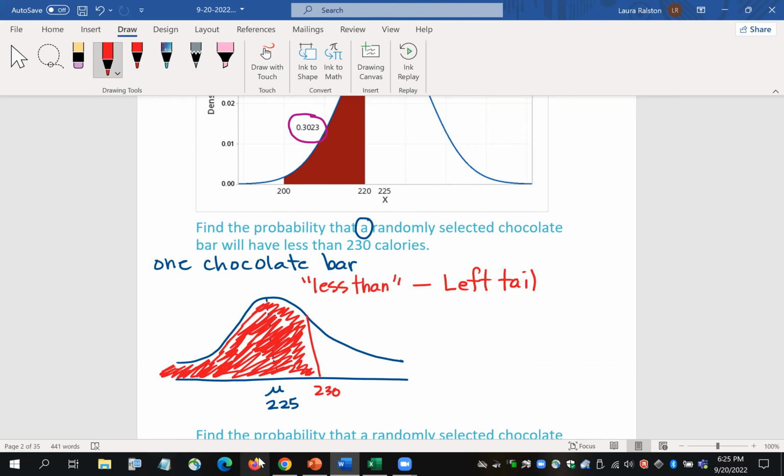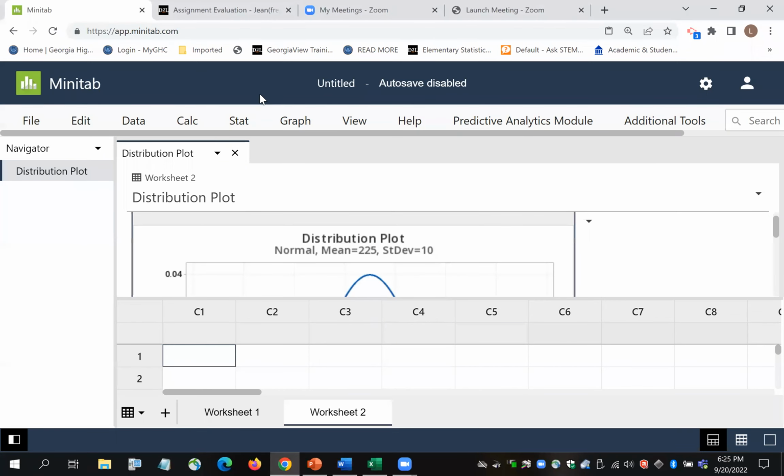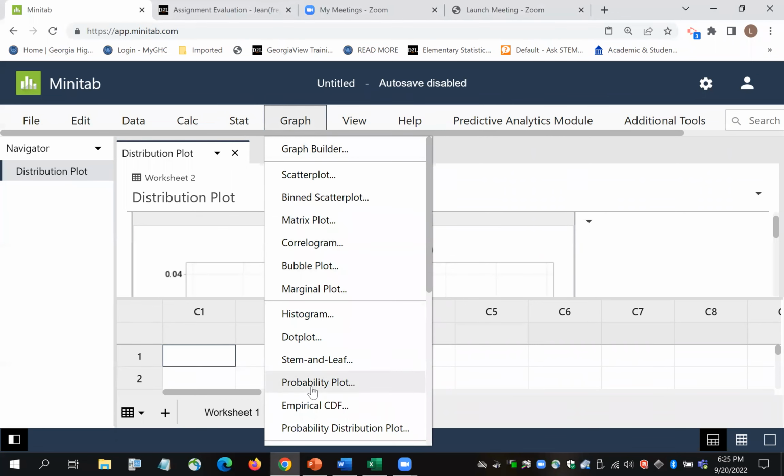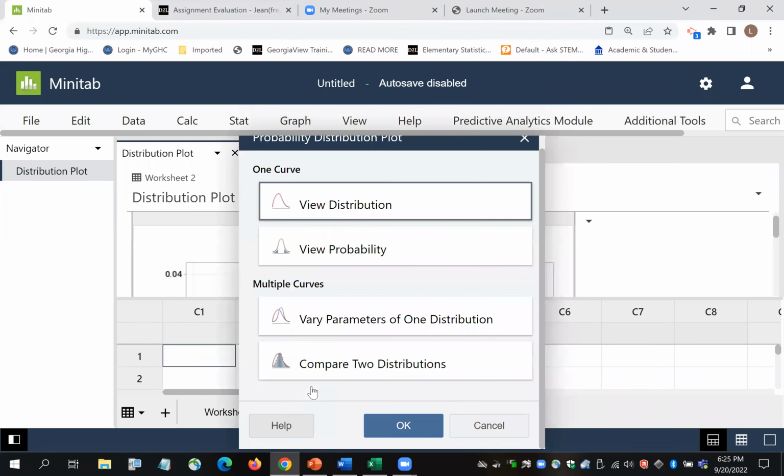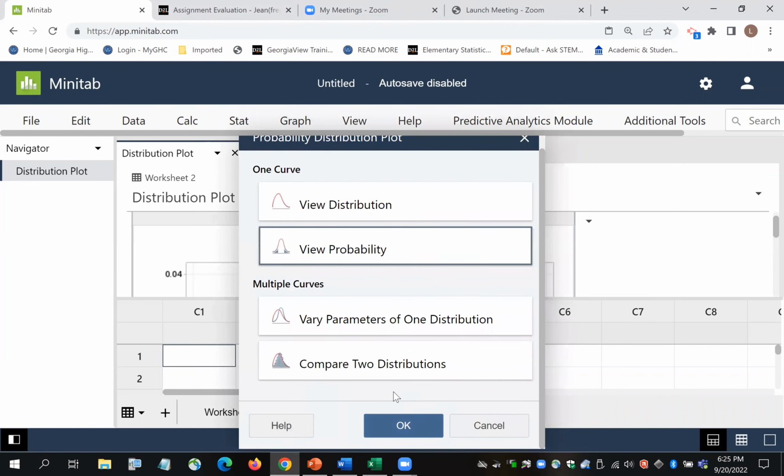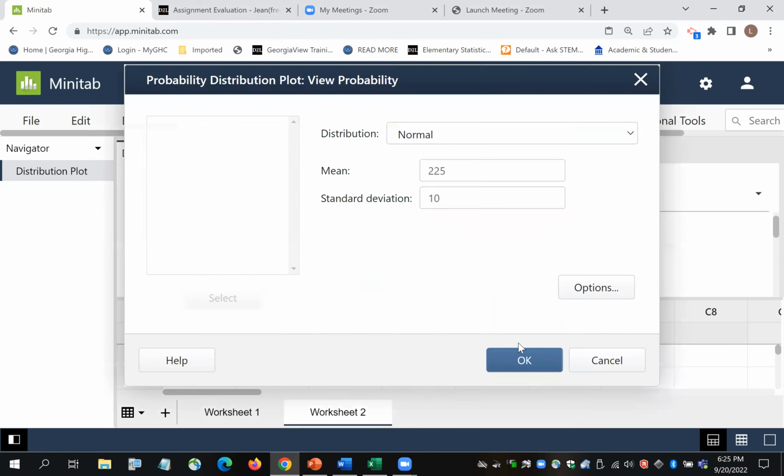So using that information, we go out to Minitab, go through the steps again. Graph, probability distribution plot, view probability, click OK.